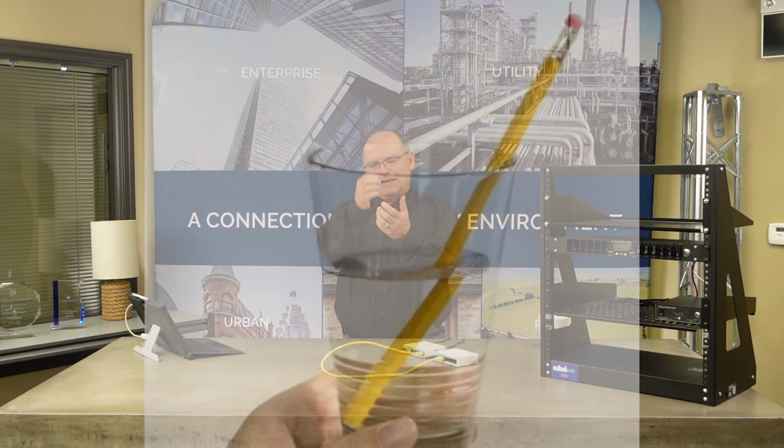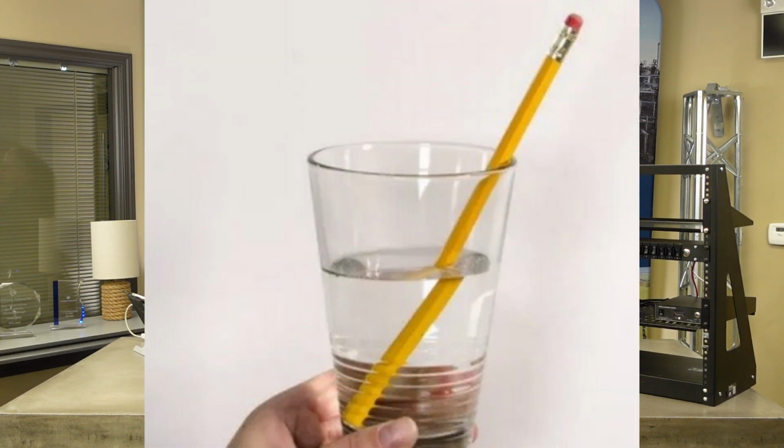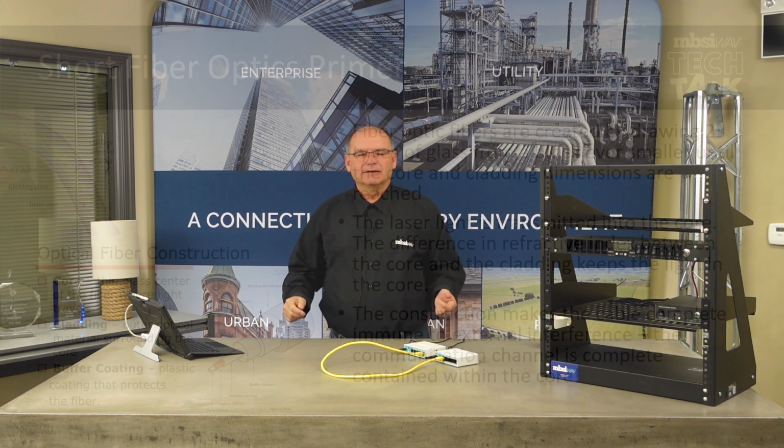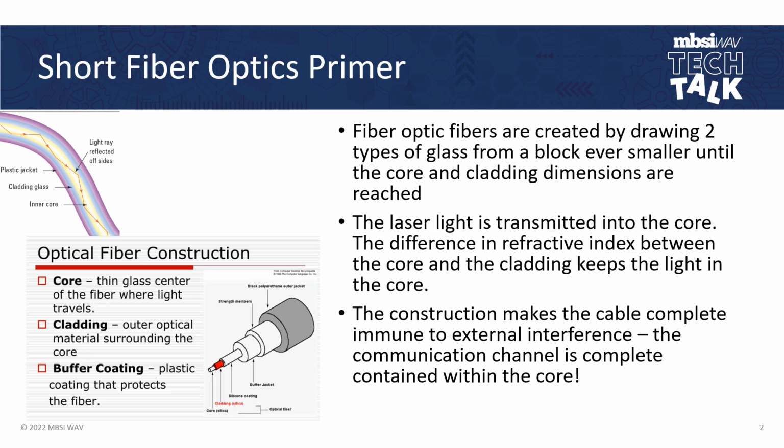We can see the effect of refractive index if you had a pencil or a stick in a glass of water at an angle. You look through it at an angle and it looks like the pencil is actually in two pieces. So that's the same effect that is going on within the fiber optic cable to keep the light within the core.